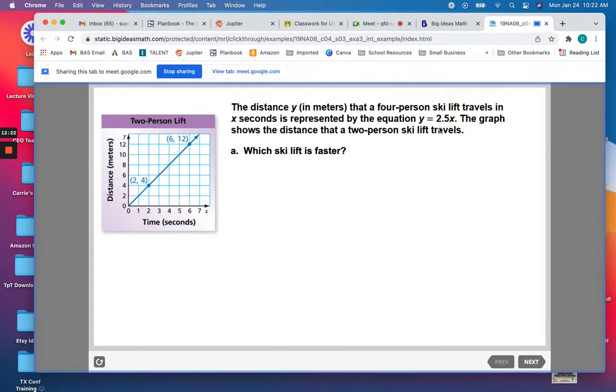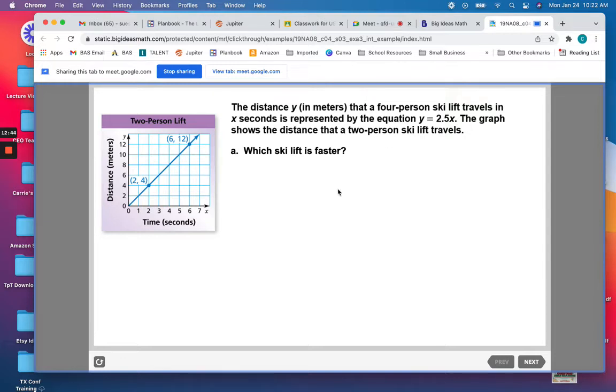Can anybody have a wild guess on what we can compare to see if they're faster? Cheetah. No, I'm talking about the 2 different ski lifts. What's the thing out of the equations that we can compare? Anybody have a wild guess?